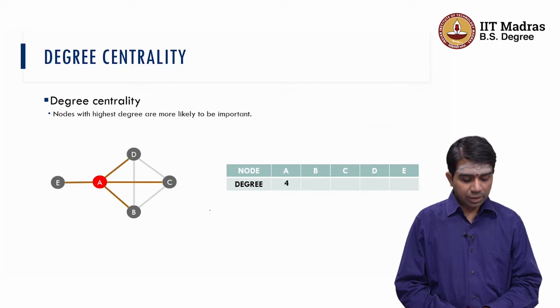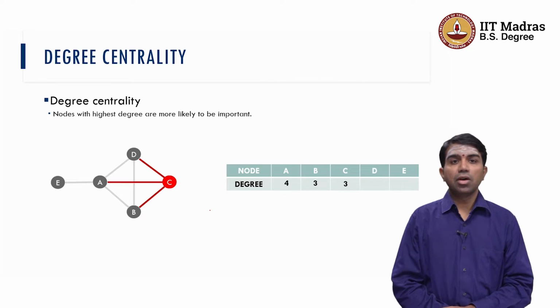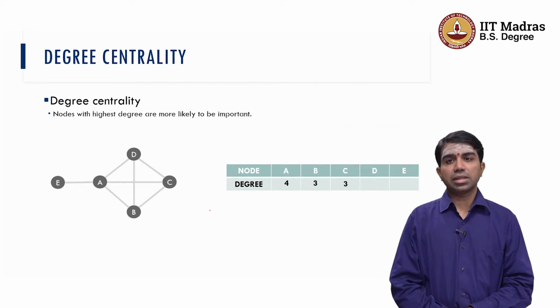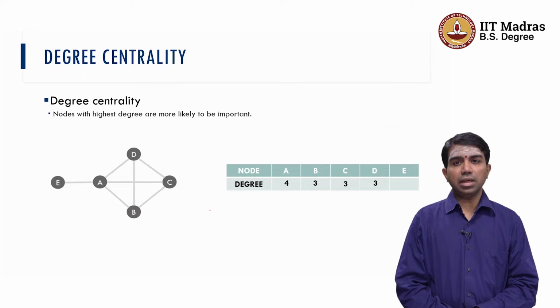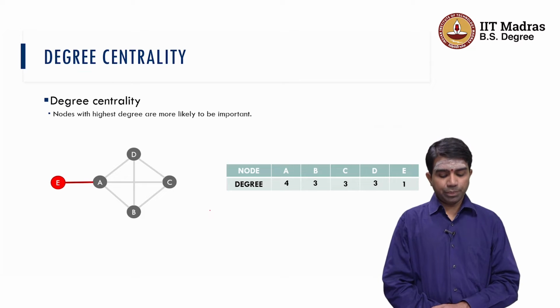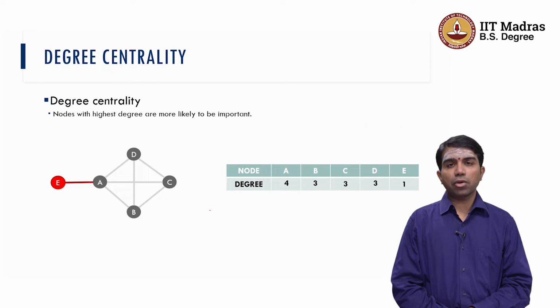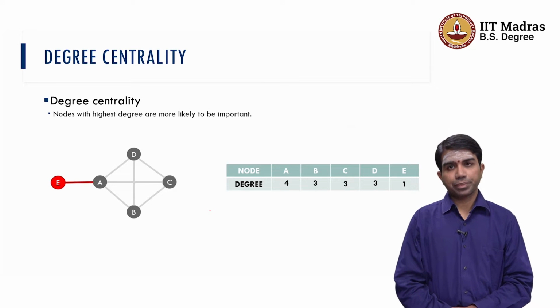For A, there are 4 edges, so the degree is 4. For B, there are 3 edges, so the degree is 3. For C, there are 3 edges again, so the degree is 3. For D, there are 3 edges again, so the degree is 3, and for E, there is only a single edge, so its degree is 1.